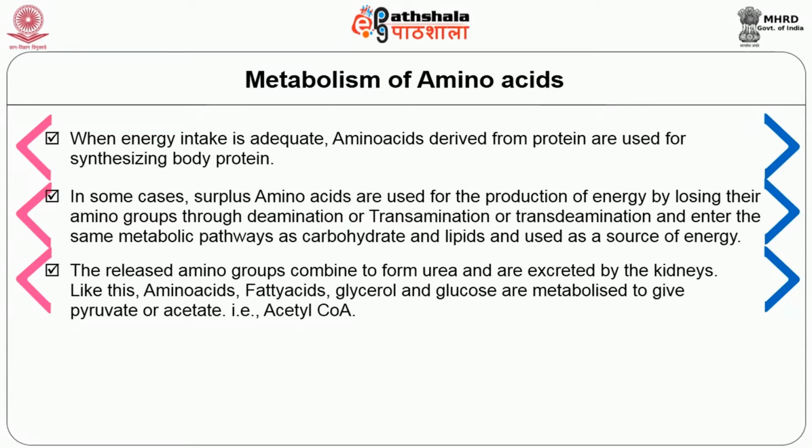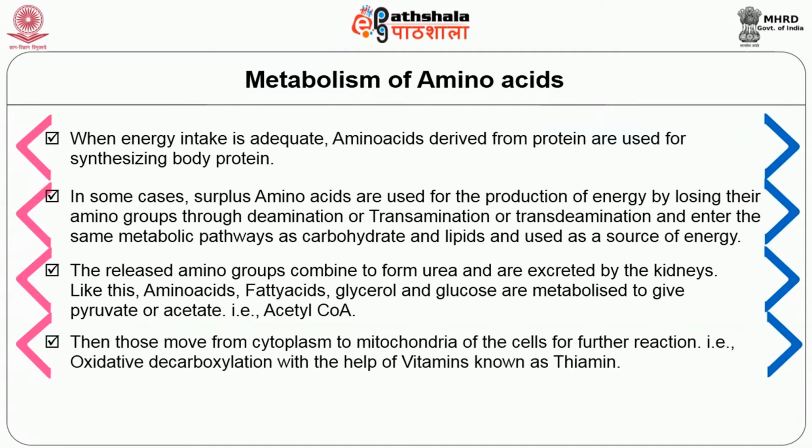Like this, amino acids, fatty acids, glycerol and glucose are metabolized to give pyruvate or acetate, that is acetyl-CoA. Then those move from the cytoplasm to the mitochondria of the cell for further reaction, that is oxidative decarboxylation, with the help of a vitamin known as thiamine.